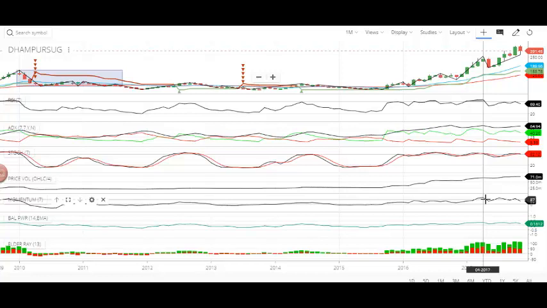Whenever the strength of the stock goes down, the histogram bar also goes down, and when the momentum goes down, the histogram length also goes down. So looking at the LRA histogram bars, you can say that the stock is not exactly trending upwards.